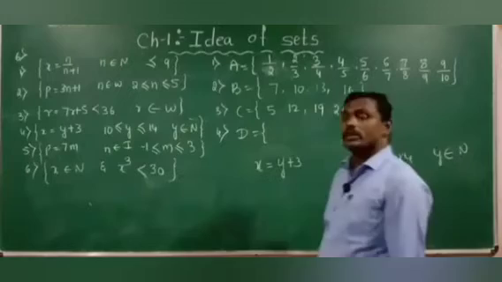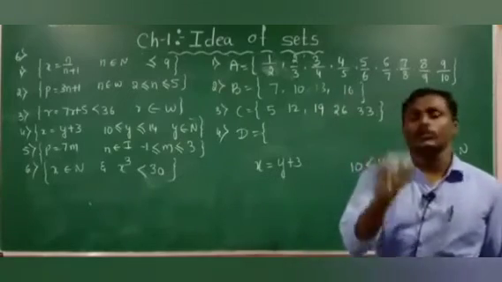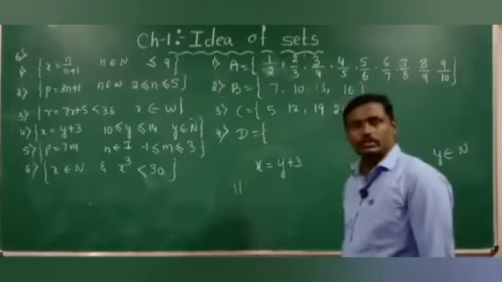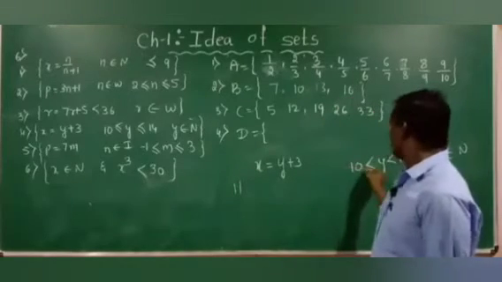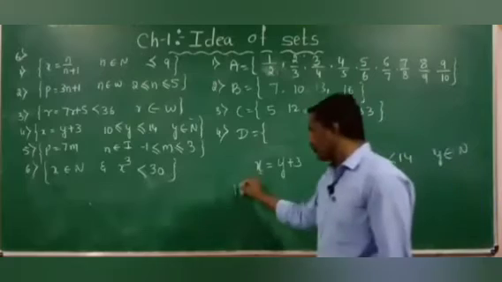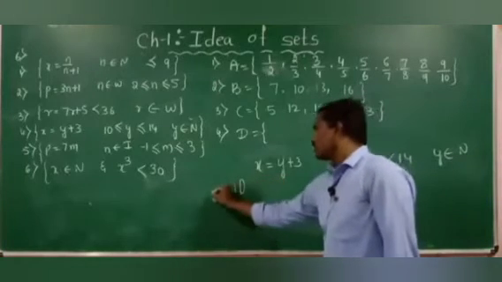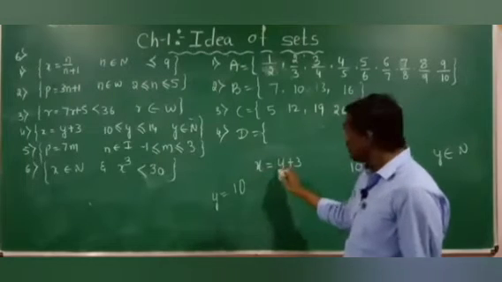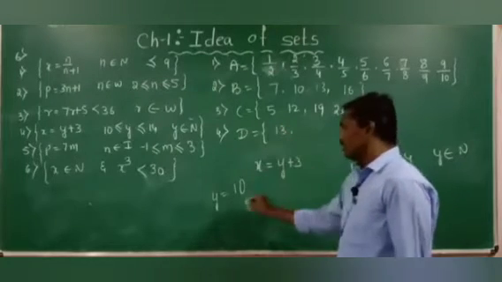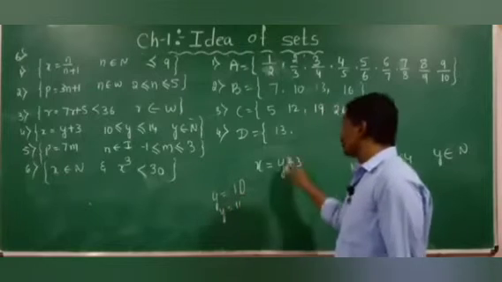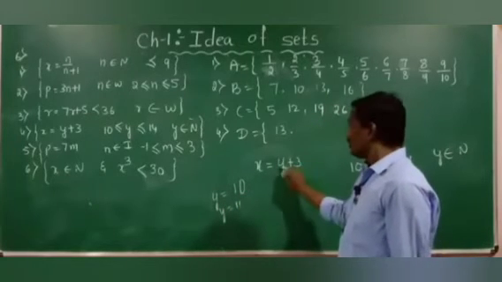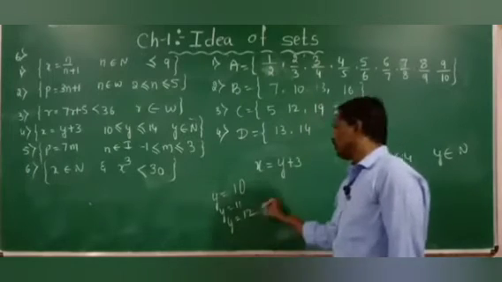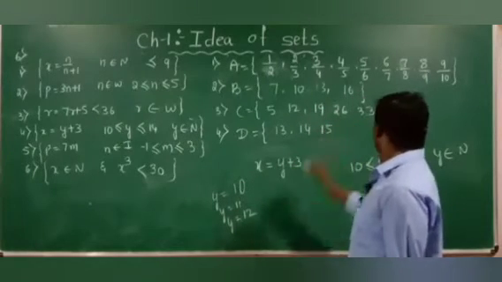Natural numbers means here I am taking y only the positive values. They gave more than or equal to, so I am taking from 10. So if y is equal to 10, just substitute the y value in this equation. What you will get? 10 plus 3 is 13. Y is equal to 11, 11 plus 3 is 14. Y is equal to 12, 12 plus 3 is 15.